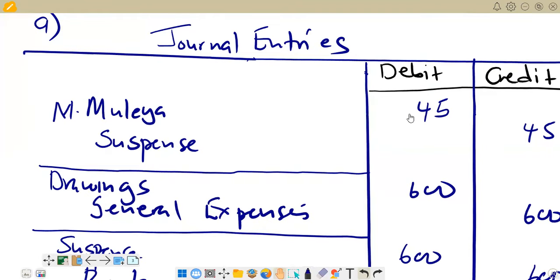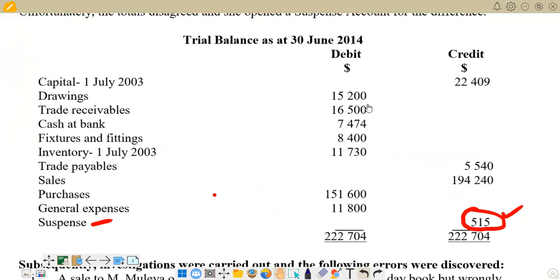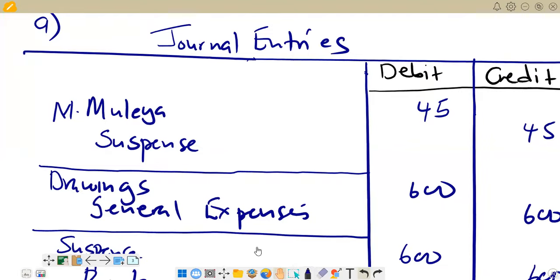So when we debit it, it's a plus. So this 45, we are supposed to add to the trade receivable balance. The trade receivable balance is 16,500. So we are going to add 45 there.